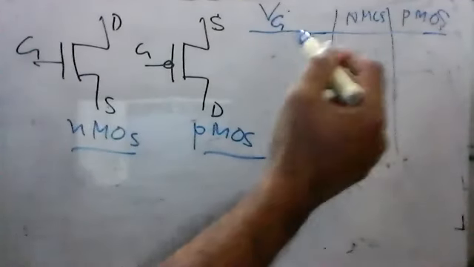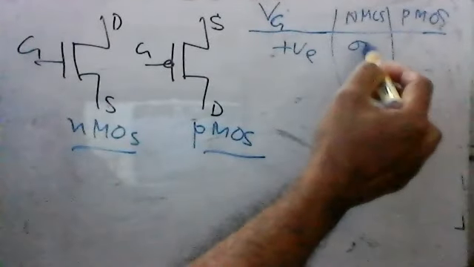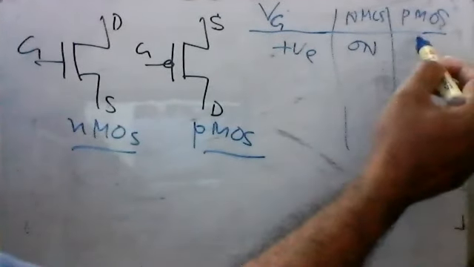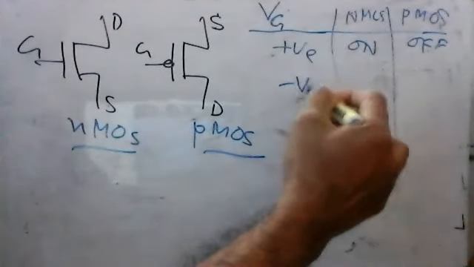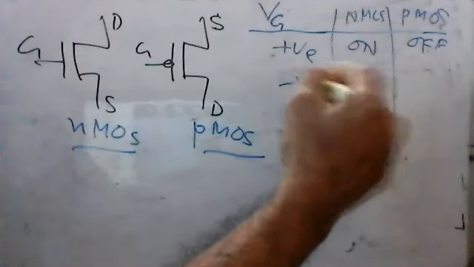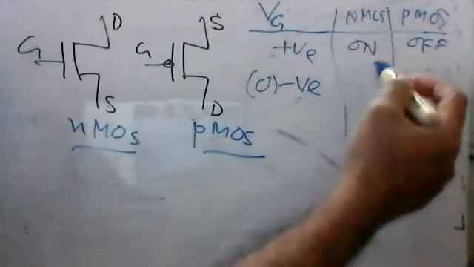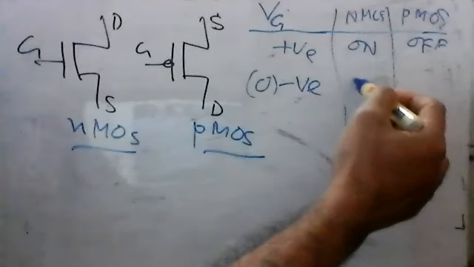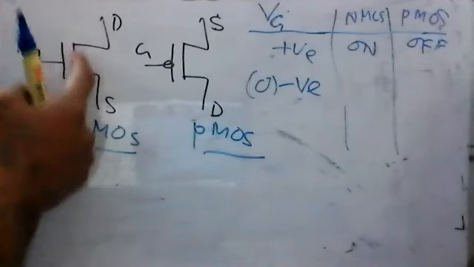Now, if the gate voltage is positive, then NMOS is on, PMOS is off. And if the gate voltage is negative or we can say zero, negative or zero, logic, then if we put a negative voltage here, there will be no channel here.